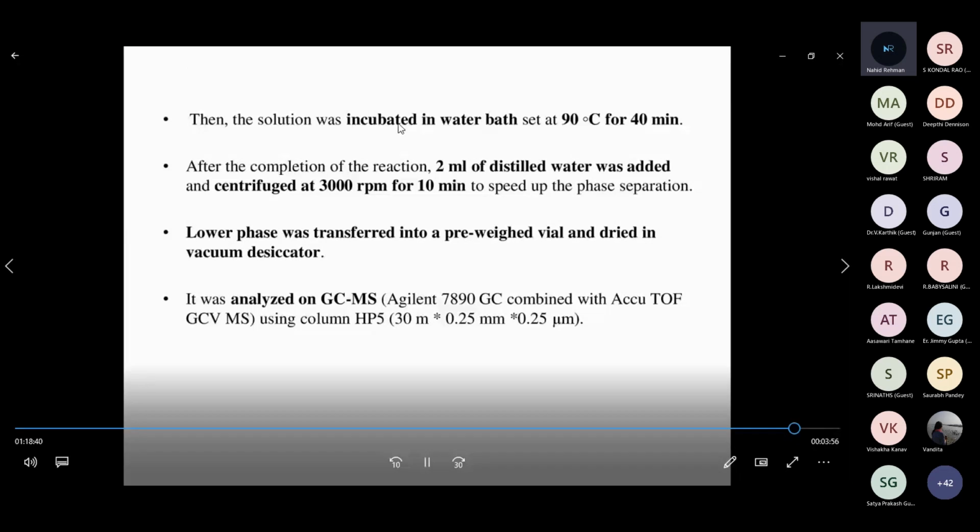So the solution which you obtain was incubated in a water bath at 90 degrees centigrade for 40 minutes, and then 2 ml of distilled water was added and centrifuged to speed up the phase separation, and then the lower phase was transferred into a pre-weighed vial and dried in a vacuum desiccator, and that was sent for GC analysis.